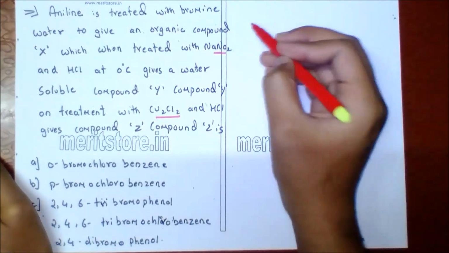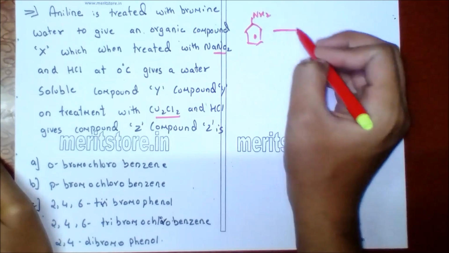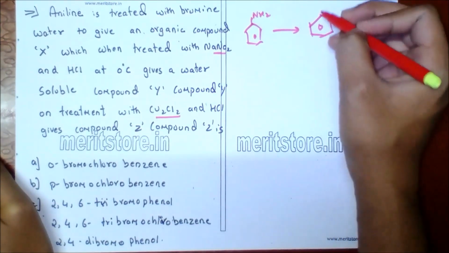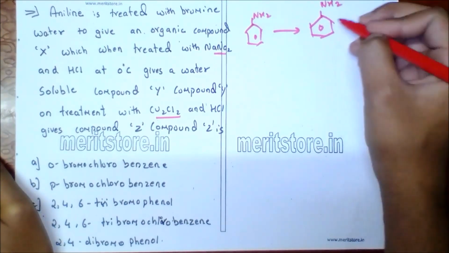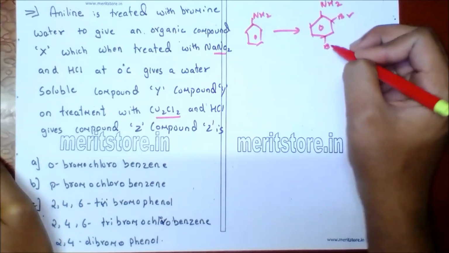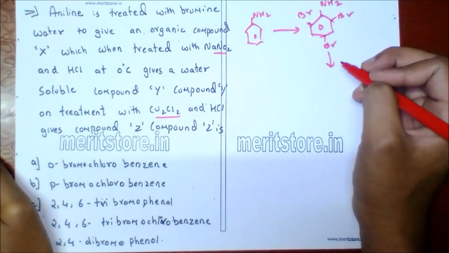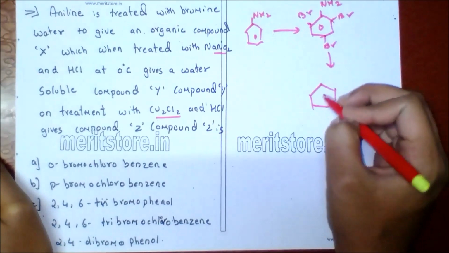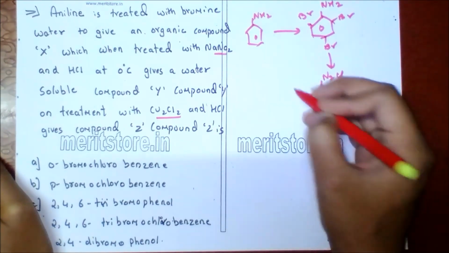So when aniline, NH2, reacts with bromine water, it gives X. So X is 2,4,6 tribromoaniline. So you have bromine at para and ortho. Which on reaction with NaNO2 and HCl gives a compound Y. So diazo salt, benzene with N2Cl, bromine is unaffected.